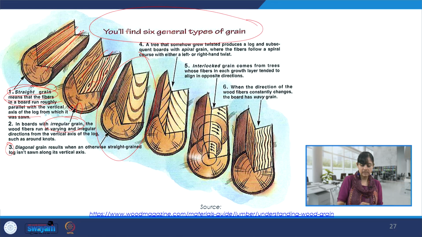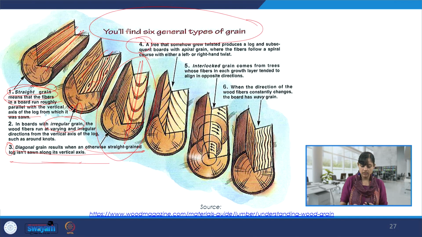This is the third case where we see the diagonal grains over here. So, the otherwise straight grained log, if it is not sawn along its vertical axis, we get this kind of a pattern. So also the type of cut sometimes determines how the grain structure looks.